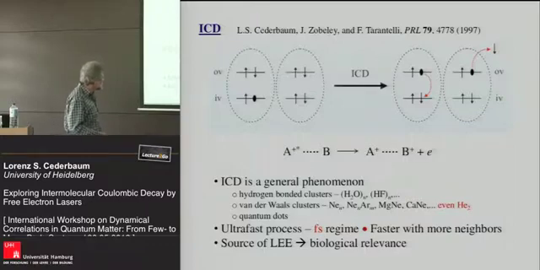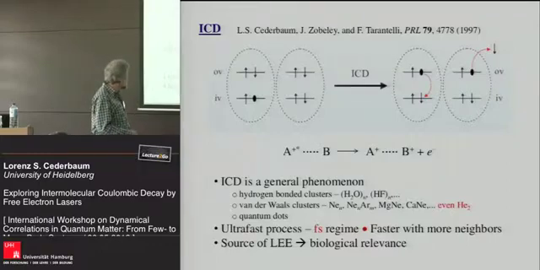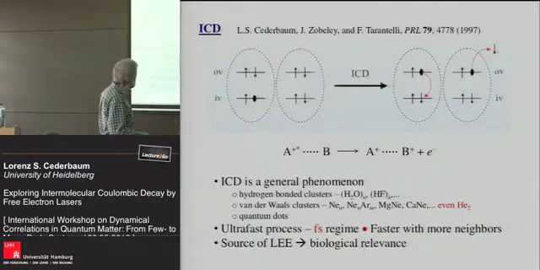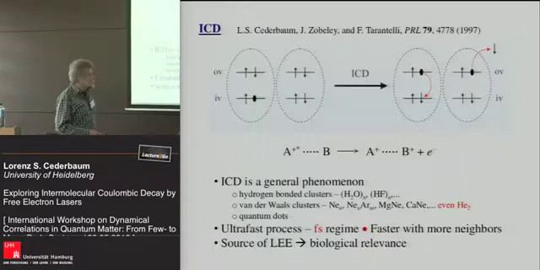What is relevant for us in the last years is that it became more and more clear to us that the low energy electrons produced by ICD, this ICD electron, which is kicked out after transfer of energy from the initially excited system to the neighbor, are very slow. They have energies between 0 and 10 eV or something like that.